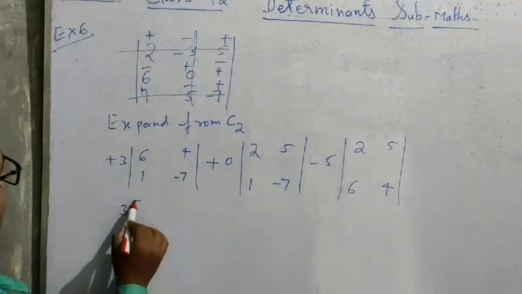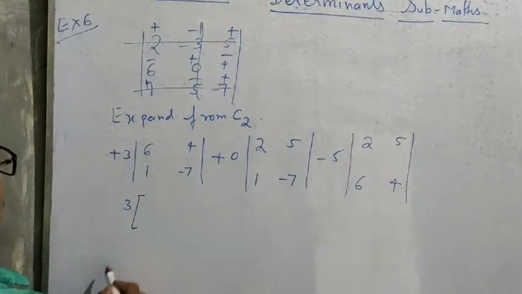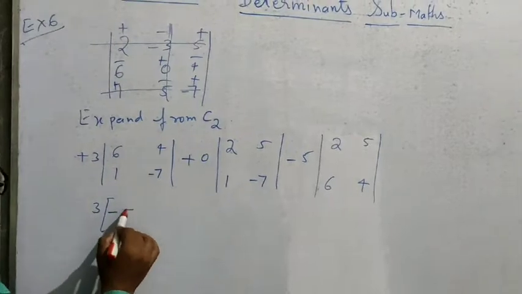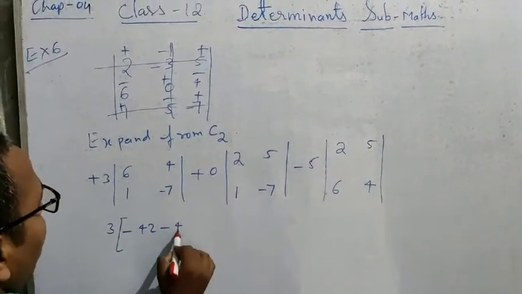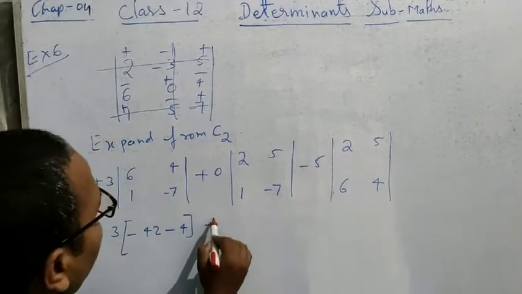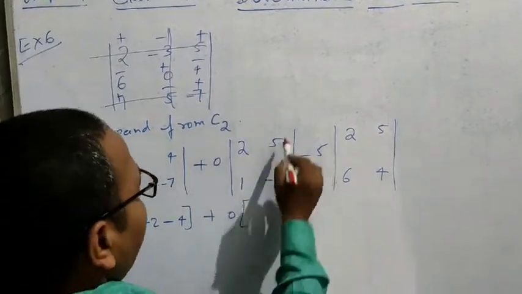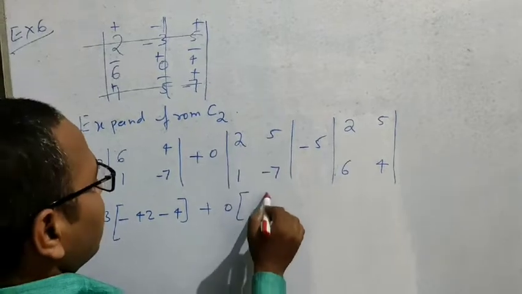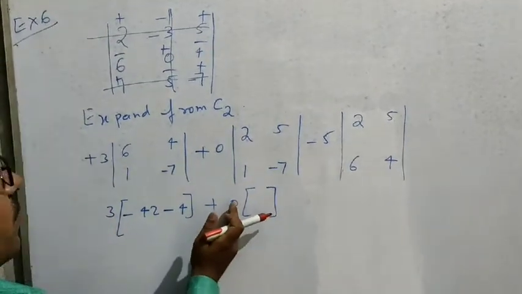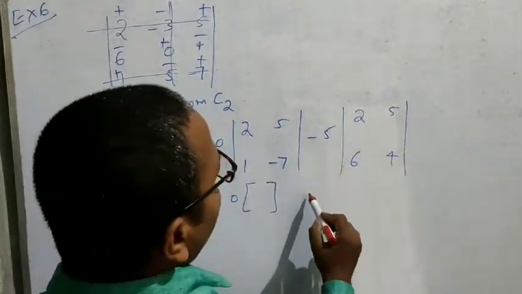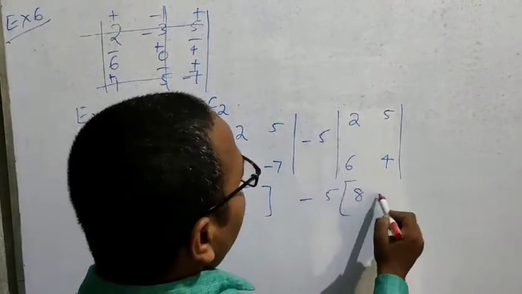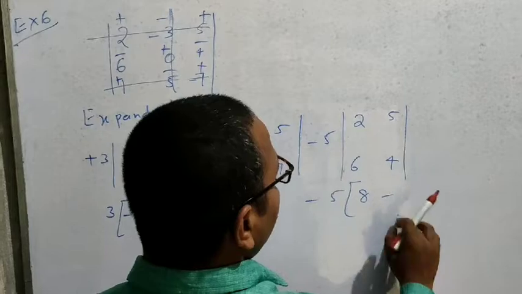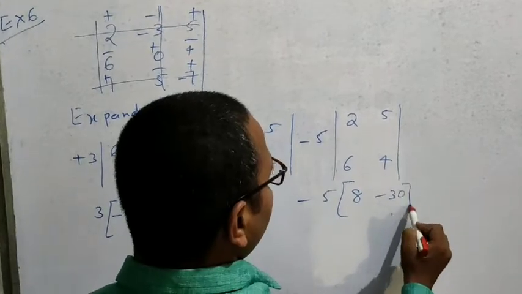Minus 3 times minus 42, and again by the negative sign, minus 4 we get here, and plus 0. Whatever value we get from this determinant will be multiplied with 0, so totally we get 0. Then minus 5, multiply: 4 times 2 is 8 and 6 times 5 is 30. We have got this much.